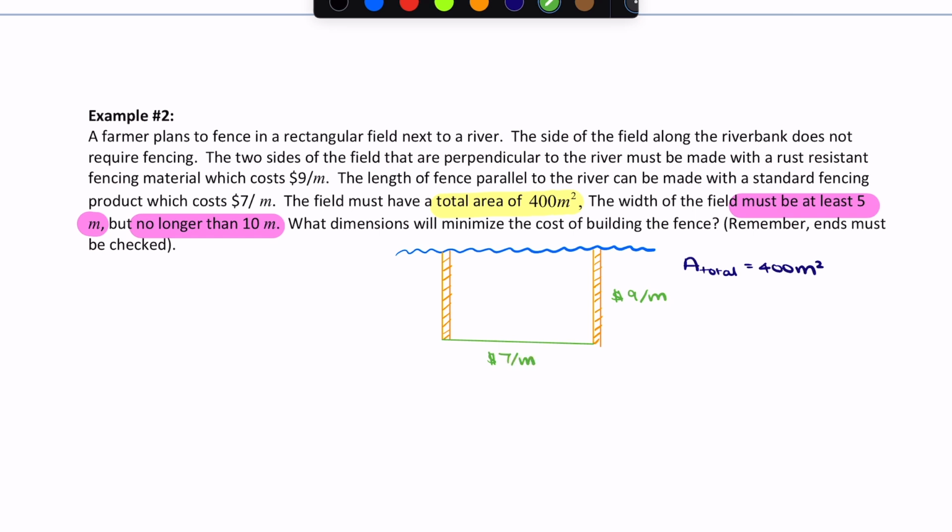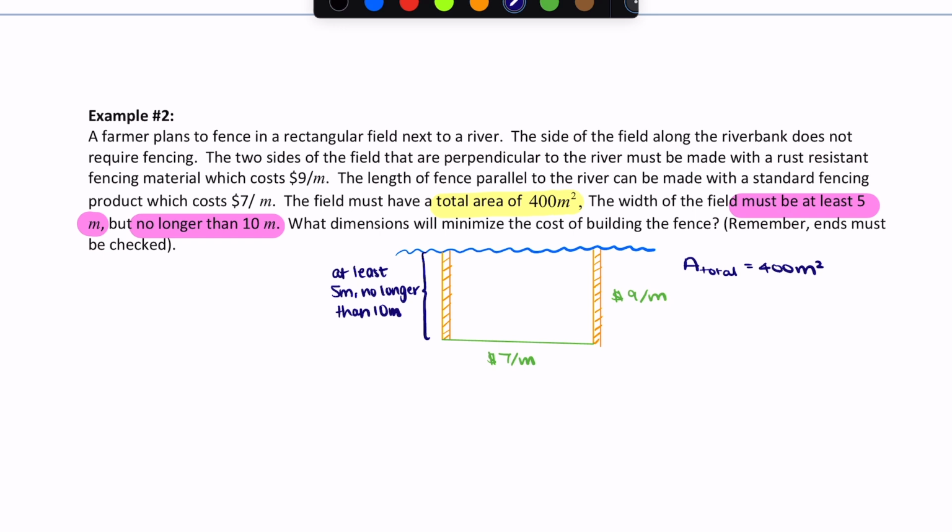And then we also know that the width of the field must be at least 5 meters, but no longer than 10 meters.